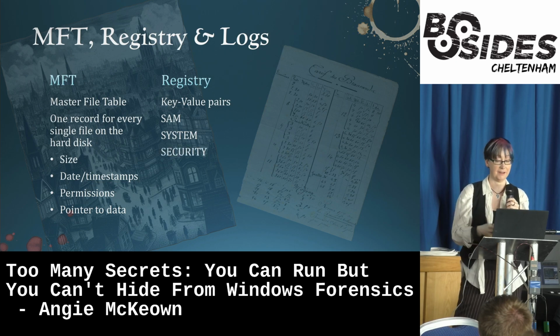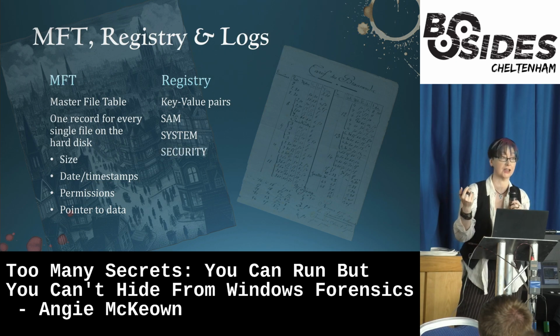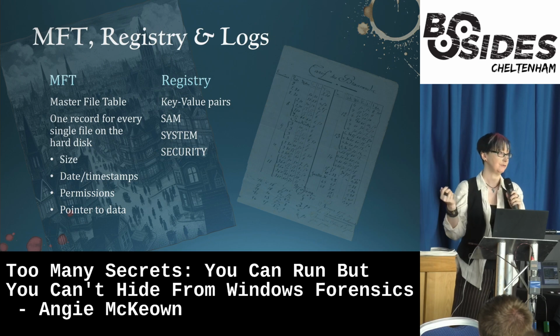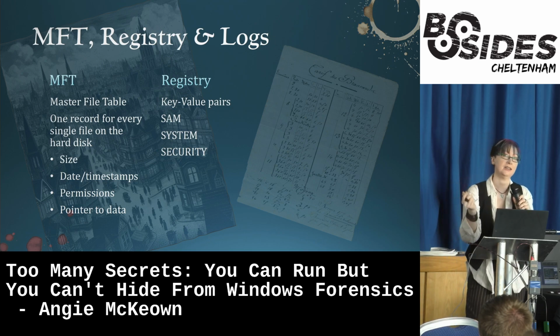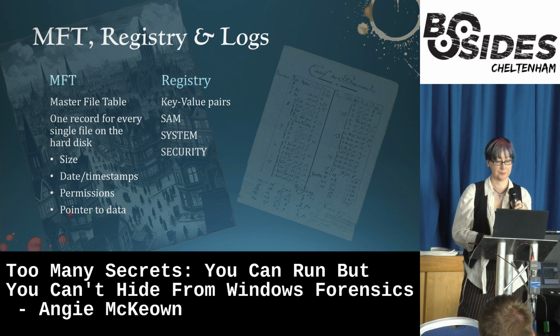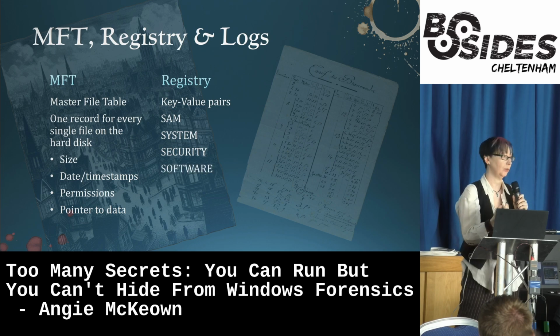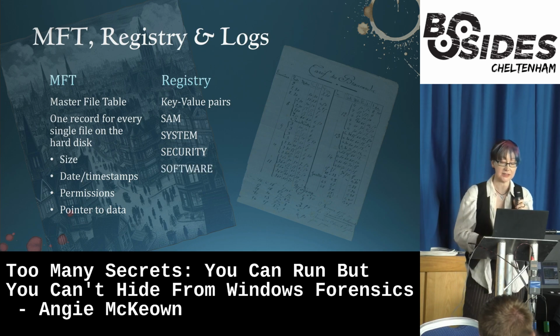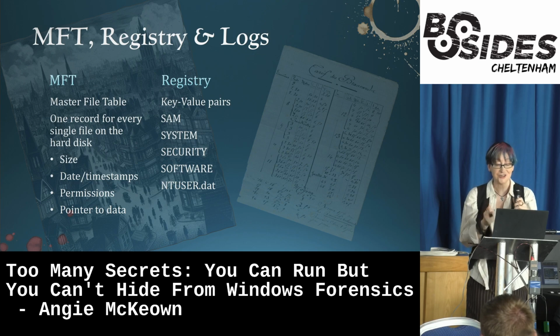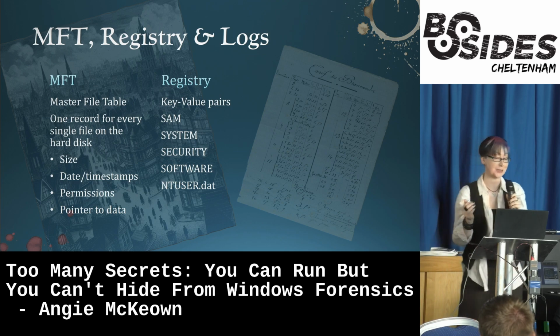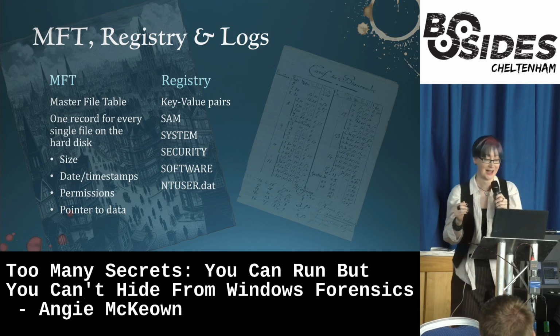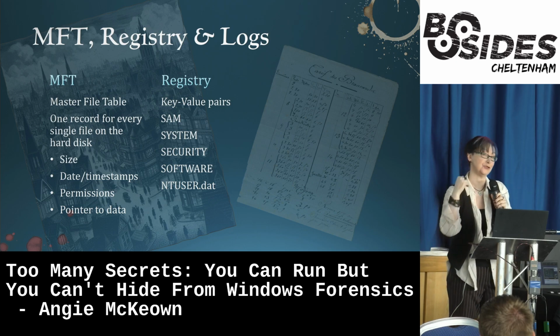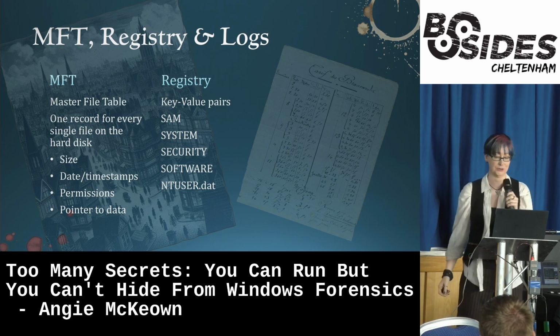The security hive is about authentication and user behavior, file and resource access, and any modification of settings. Software is all about application settings and product keys. And ntuser.dat is good because there's a separate one for every user. And in that, it contains a lot of those user personalization settings and logs.